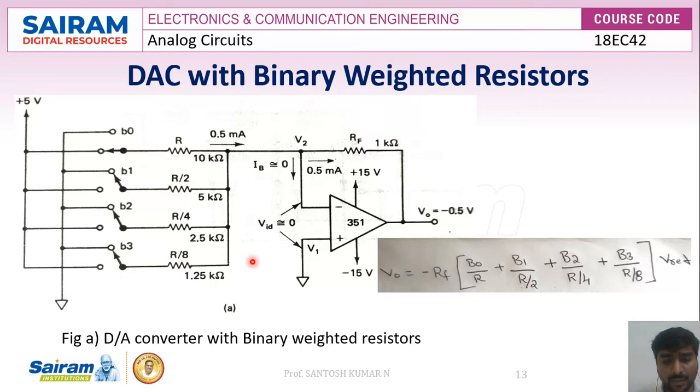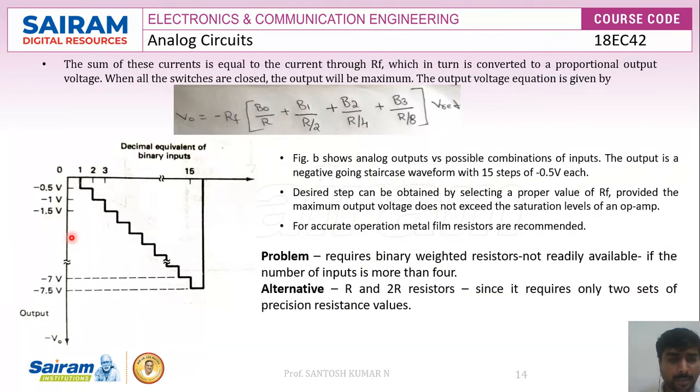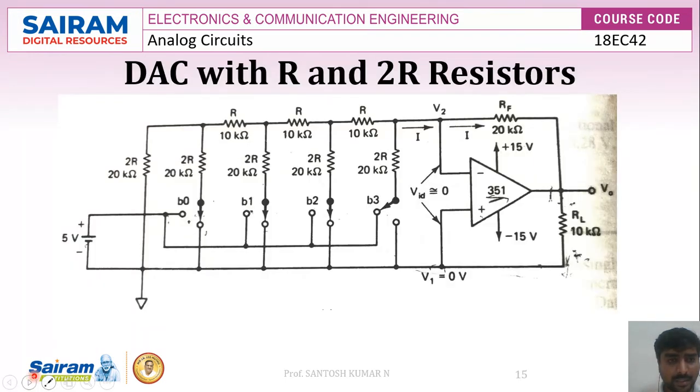The step we got, that is 0.5 volts in this particular circuit, can be varied by choosing a proper value of RF. By choosing a proper value of RF, we can get the desired step size. Whatever steps we require, we will get.